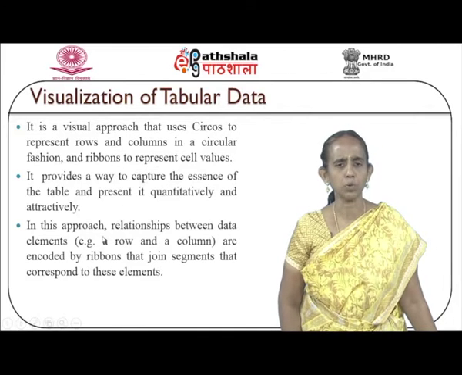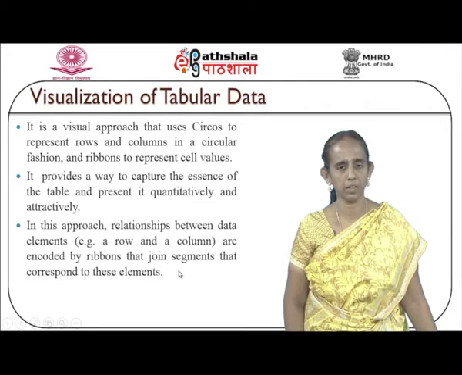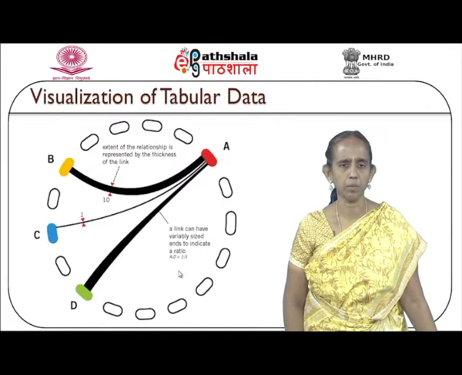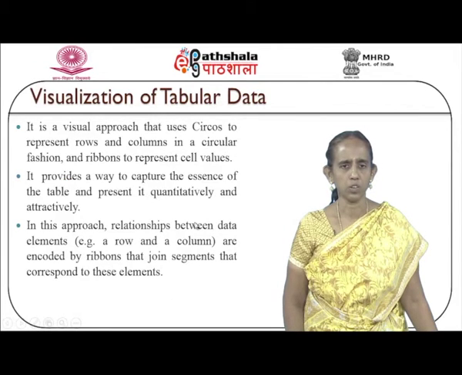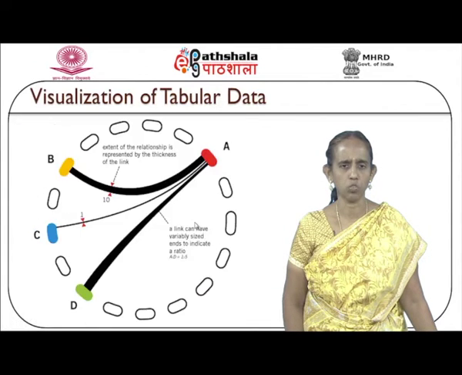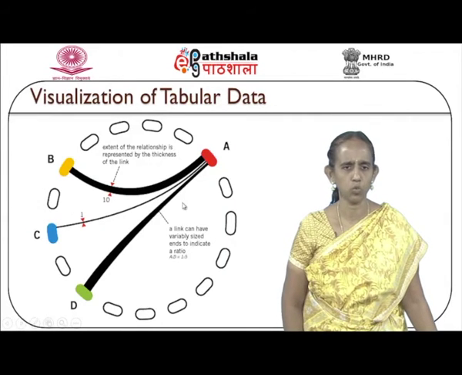In this approach, the relationships between the data elements are encoded by ribbons that join the segments that correspond to these elements. This kind of visualization is also called a circos, which uses a circle to represent the rows and columns in a circular fashion. The ribbons represent the cell values.